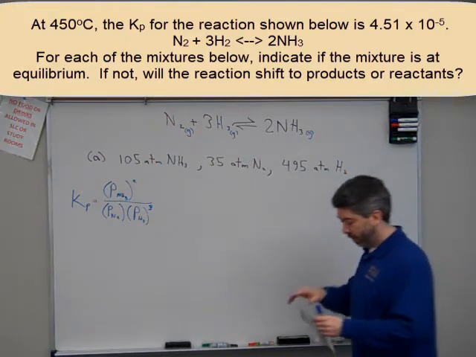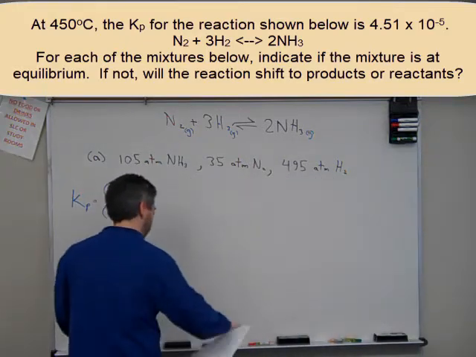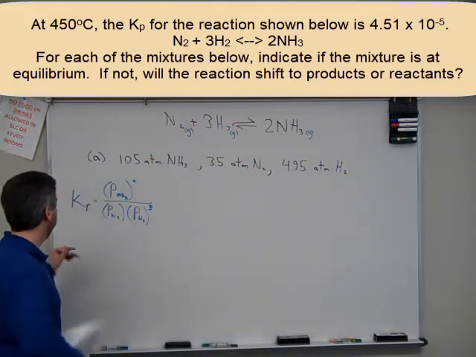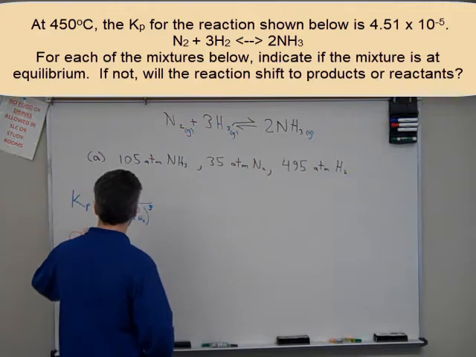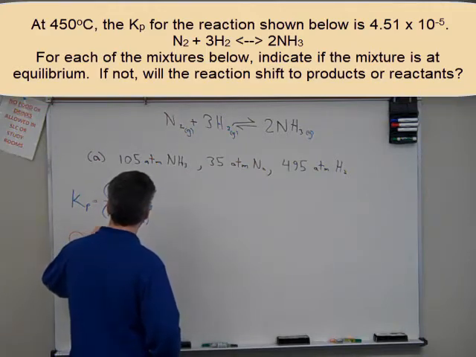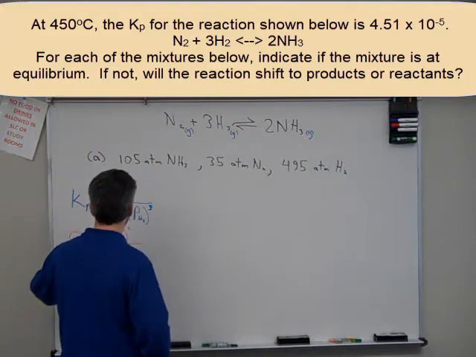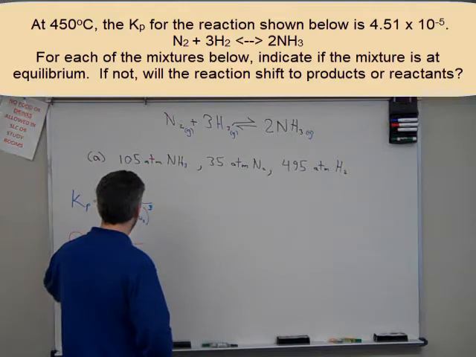Okay. So now, the Q expression is the same exact thing: P of NH3 squared over P of N2 times P of H2 to the third.